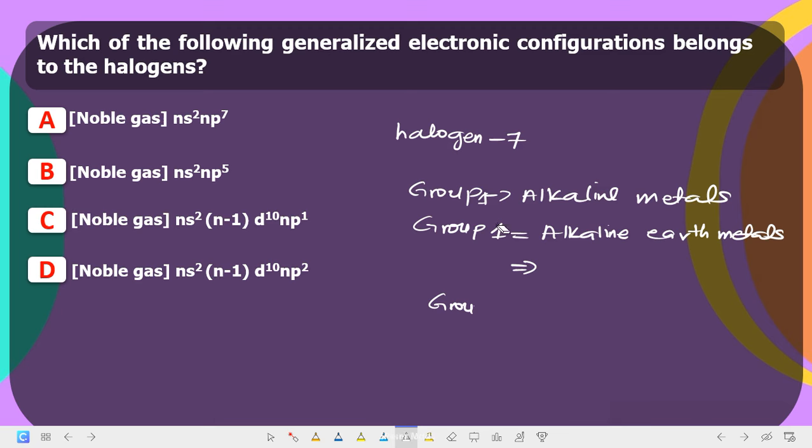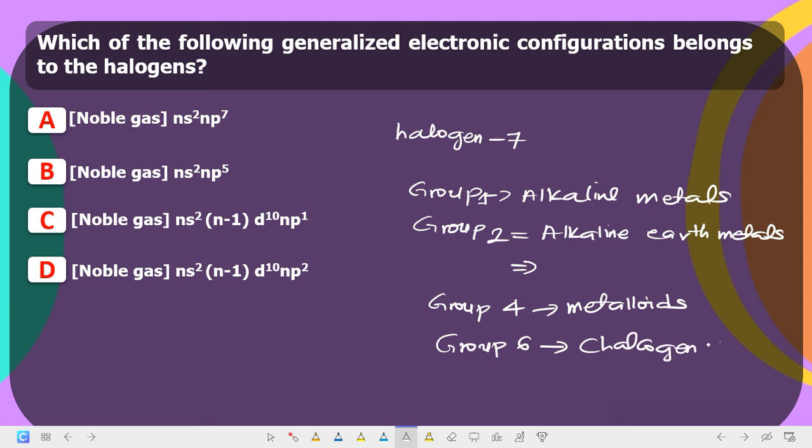Group 2 was the alkaline earth metals. Group 4 are called the metalloids. Group 5 doesn't have a special name. Group 6 are called chalcogens, or the ore formers.